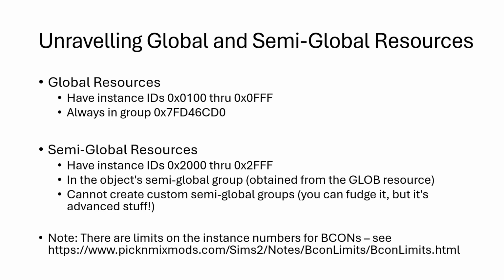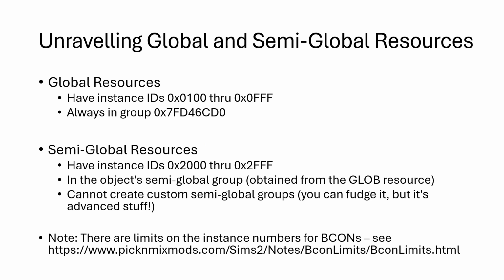There is a type of group that sits between local and global, and they're called semi-globals. This is like a library of resources, BHAVs, BCONs, menu entry T-tabs, which are shared by objects of the same kind of thing.